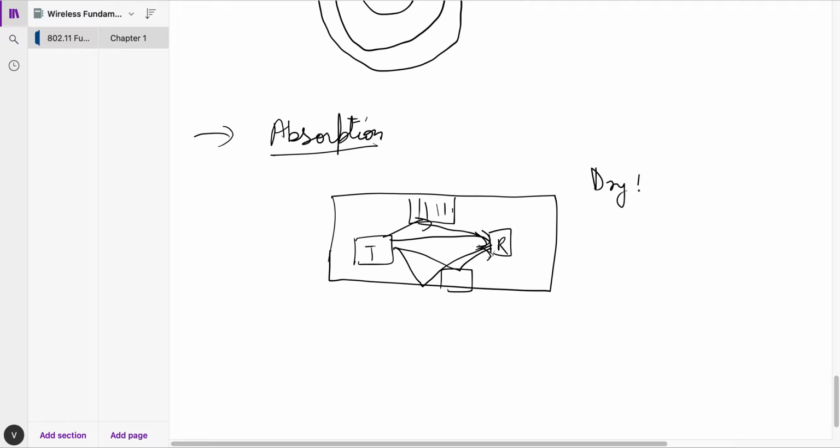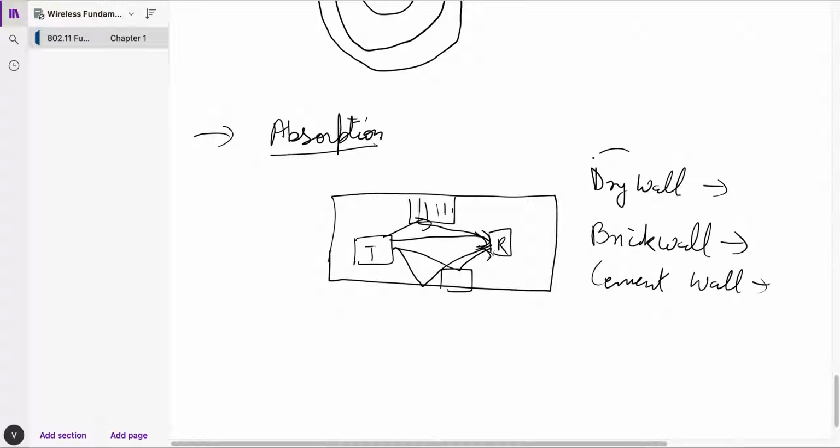A dry wall, let's say, has some attenuation. A brick wall has something higher. A cement wall is also responsible for a lot of attenuation. Dry wall has the least attenuation when it comes to walls. Brick wall and cement wall have more attenuation, so they absorb more signal and cause more attenuation, of course.